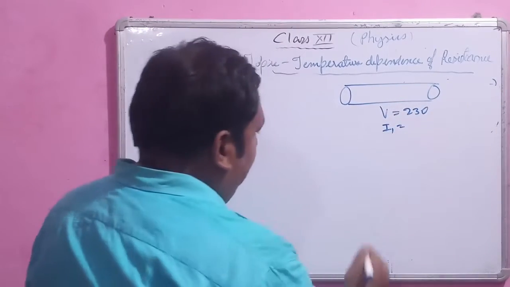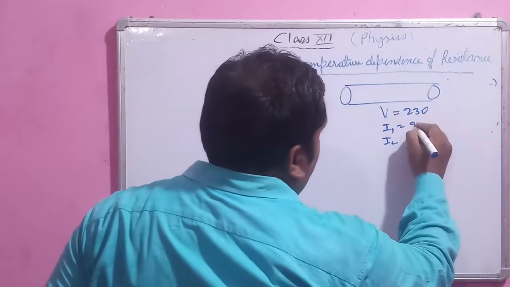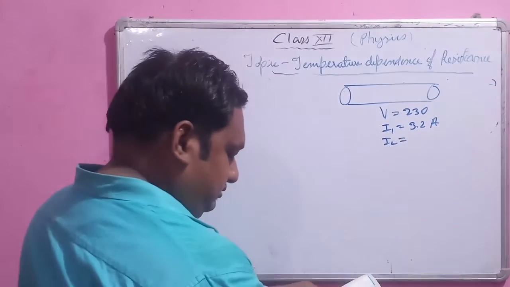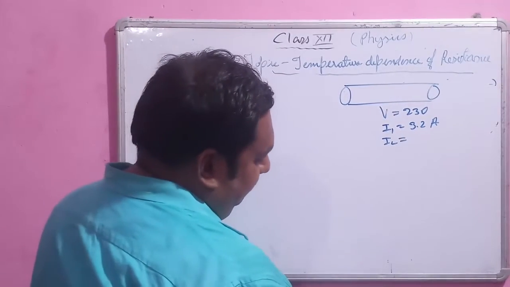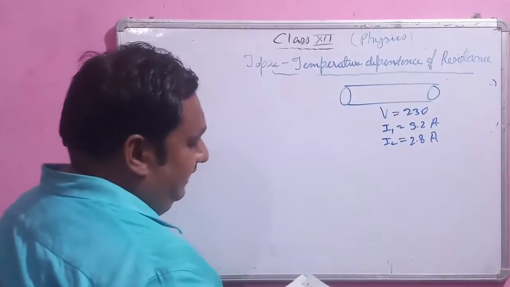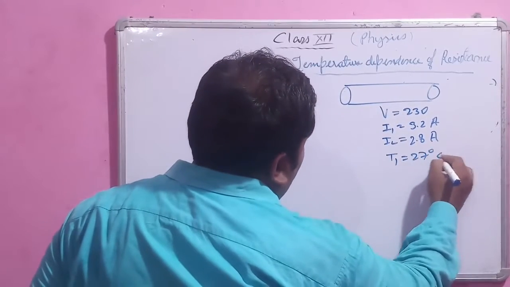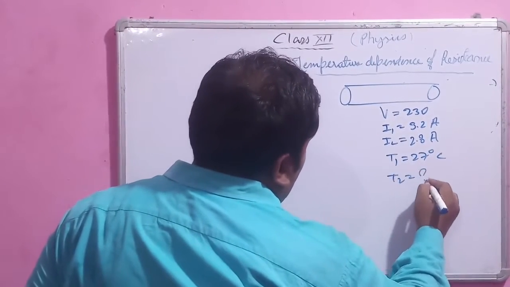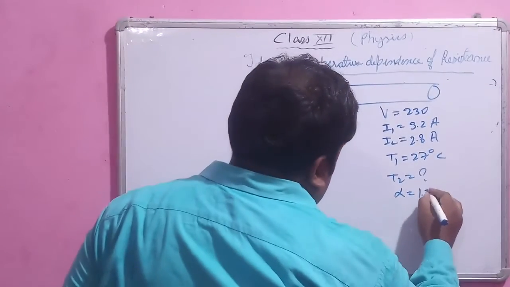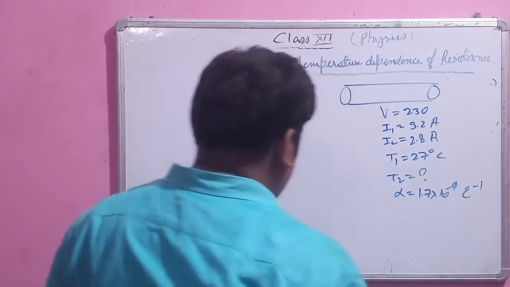I1 is 3.2 ampere and I2 is 2.8 ampere, T1 is 27 degrees Celsius, T2 they have asked, and alpha is 1.7 into 10 raised to power minus 4 per degree Celsius.